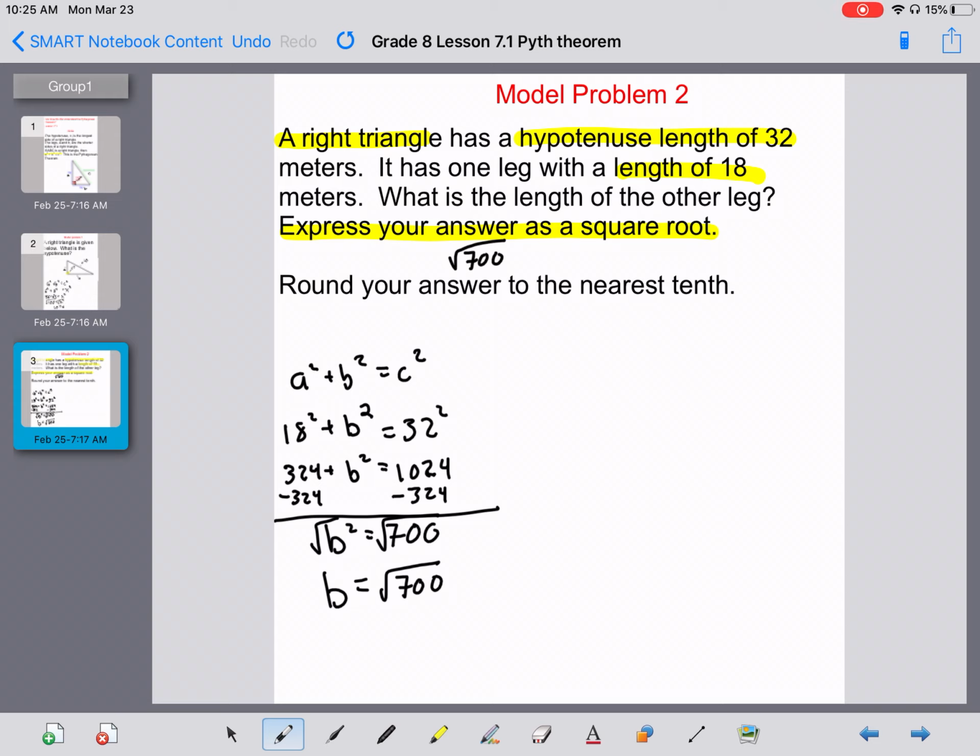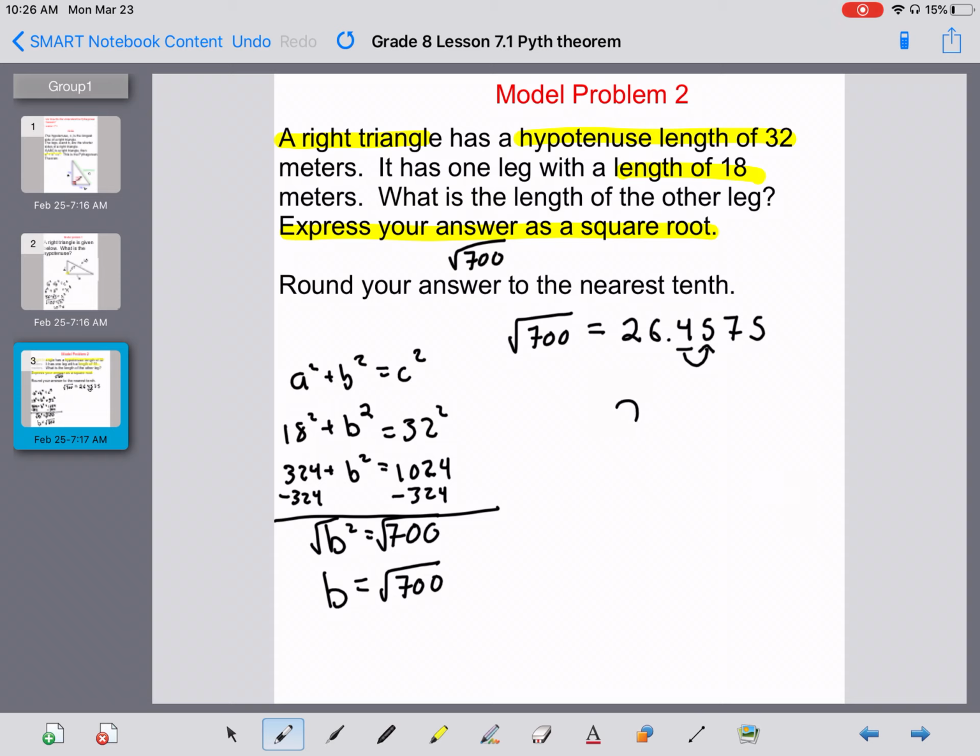Now, the second part of the problem tells me to round my answer to the nearest tenth. That means I'm going to take the square root of 700. When I take the square root of 700, I get 26.4575, and then other numbers after that. If I want to round that to the nearest tenth, I look at this 4.